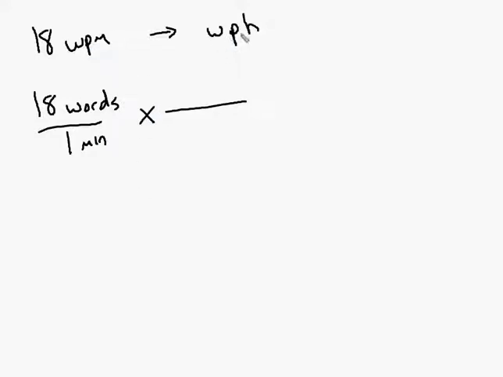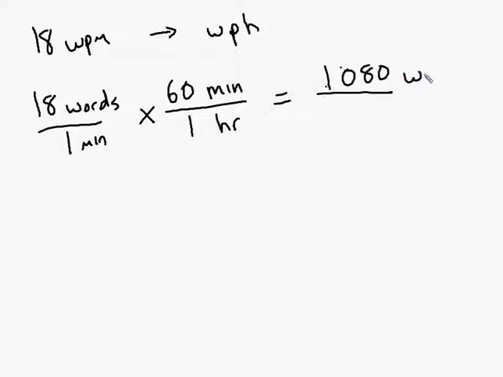Now I'm switching to words per hour, so I need to change the minutes, right? So the minutes are going to crisscross, and I put the thing that I'm changing to on bottom. See, we always crisscross. And there are 60 minutes in 1 hour. Top times top, what's 18 times 60? 1,080 words per hour.